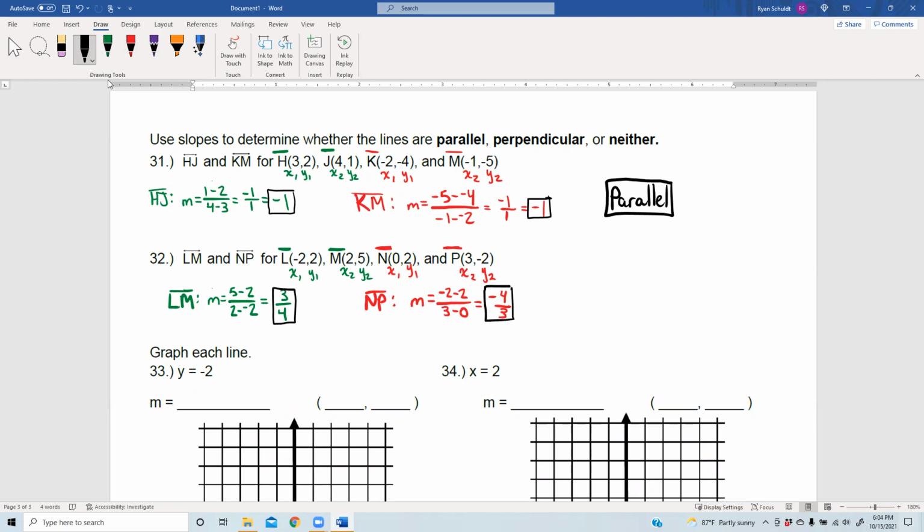It's negative 4 over 3. Well, what do you notice? The fractions are flipped, and then one's positive and one's negative. These are opposite reciprocals. So that means these are perpendicular. Okay. There's that one.